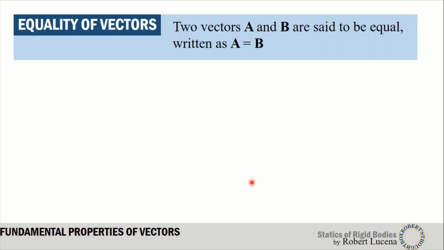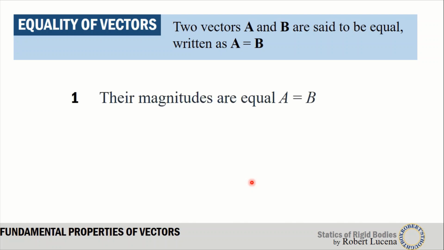Now let's define two vectors A and B. They're said to be equal if their magnitudes are the same. The magnitude of A, where A here is in boldface, is here, A in italicized form, and the magnitude of B is here.